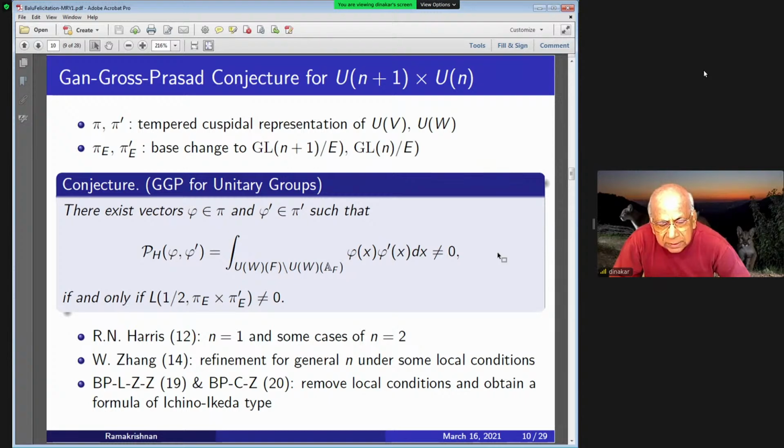Now, a recent result of Bazar-Plessis, Liu, Zhang, and Zhu: together, the first batch of people, they proved this conjecture for the case we're interested in, like U3 cross U2 and more generally, but they proved it for tempered forms which are stable.